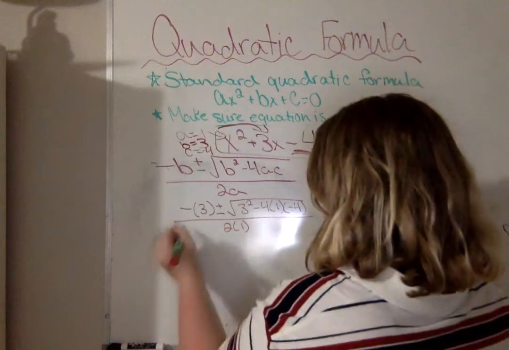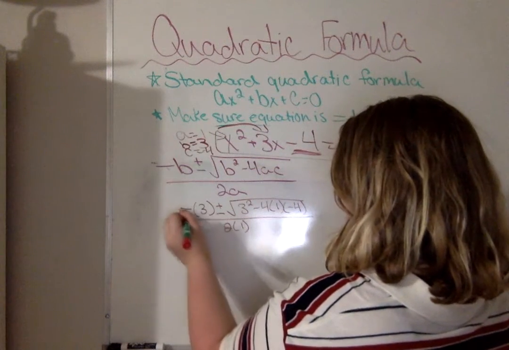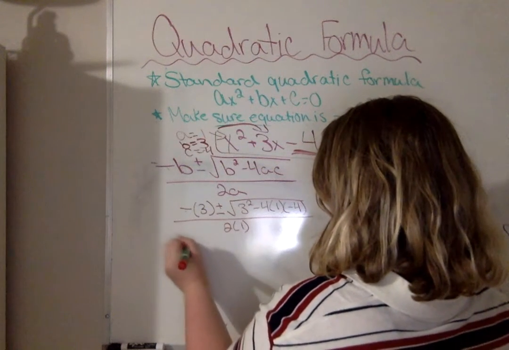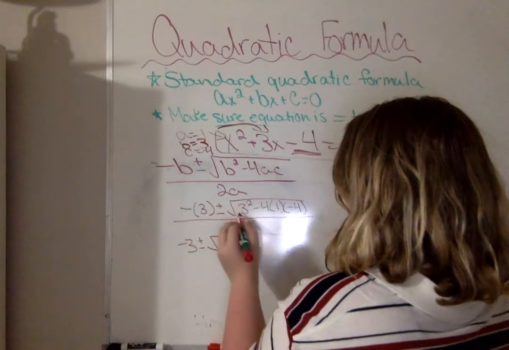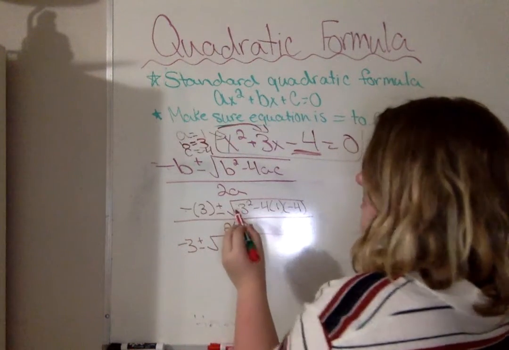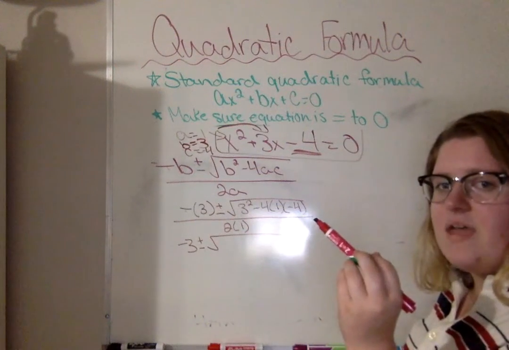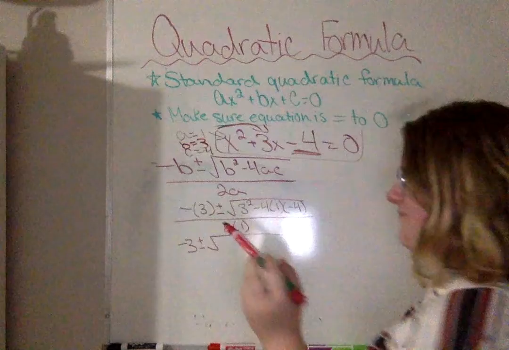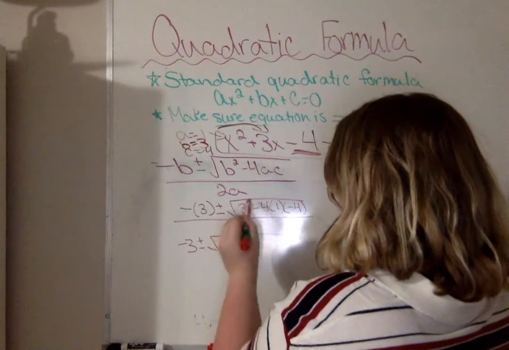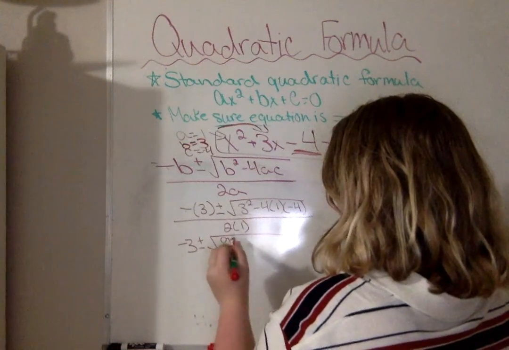So, you're going to multiply the negative times 3 to get -3 plus or minus the square root of, not the square root of 3, 3 squared. 3 squared is 9.